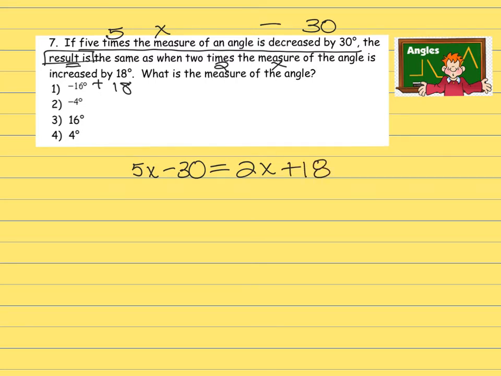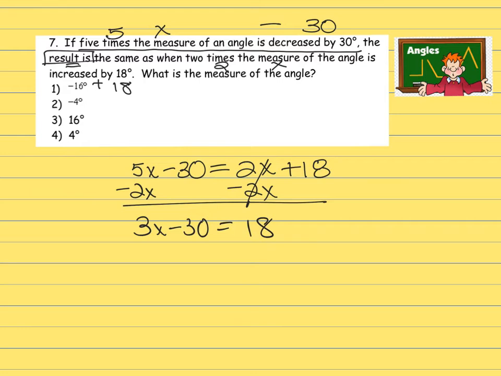You have a variable on either side of the equation, so we're going to use inverse operations to solve. There are two directions, and they're both correct. I like my x's on the left-hand side. 2x is smaller than 5x, so I'm going to start with subtracting 2x from both sides. I get a difference of 3x, bring everything else down. That cancels out, and it's equal to that positive 18.